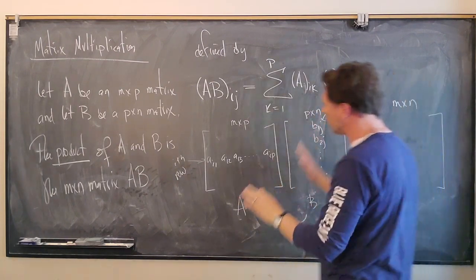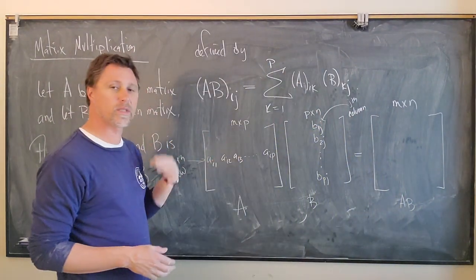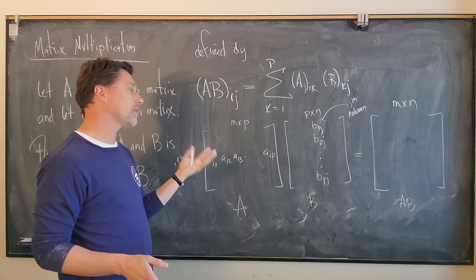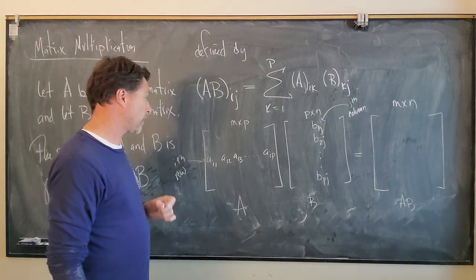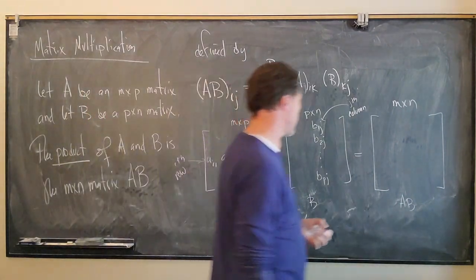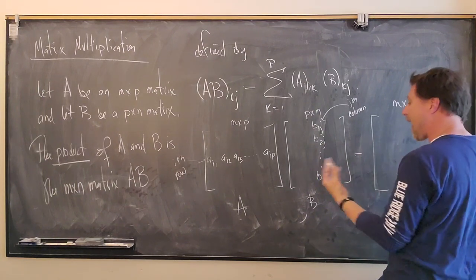And I know this looks complicated. It takes a little bit of time to explain what's going on here. Once you get used to it, it's really not that difficult to multiply matrices, but you have to understand how it works. Okay, so when we do this operation right here, what it gives us is the ijth entry.